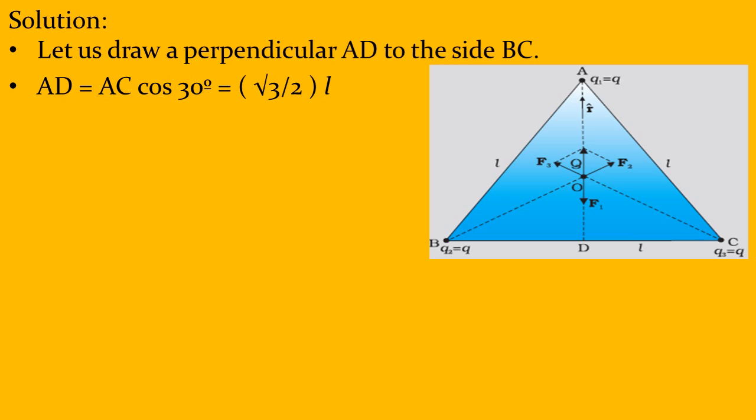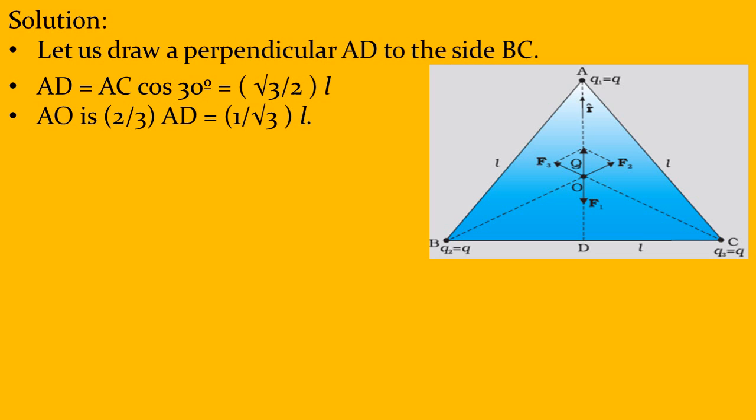So the bisected angle A is 30 degrees. So if angle DAC is 30 degrees, then AD is equal to AC cos 30. Now cos 30 is root 3 by 2 and AC is L. So AD is equal to root 3 by 2 into L.